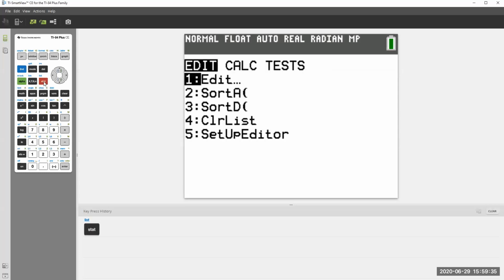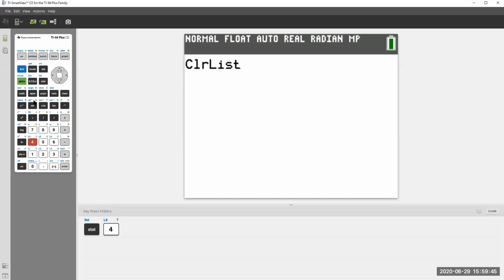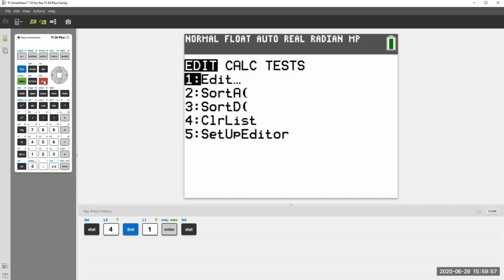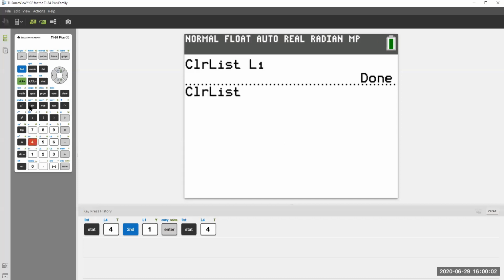I'm gonna clear the memory first, make sure nothing is stored in the calculator from earlier calculations. So again, number 4, clear L1. And then I'm gonna also clear L2 because I have 2 columns here. So stat, 4, and then second L2.